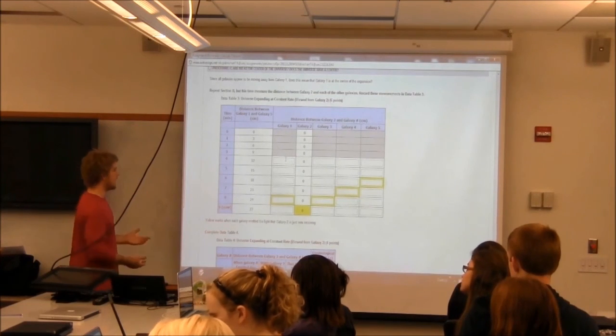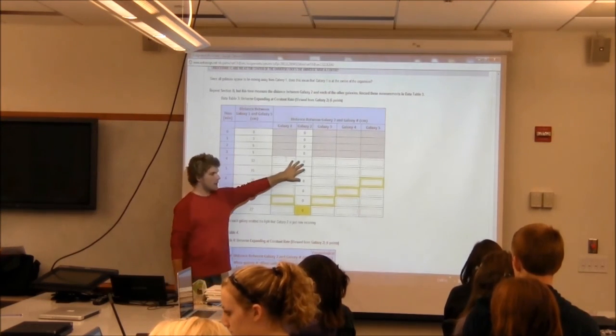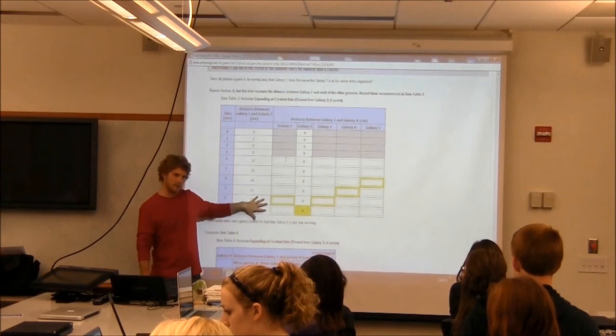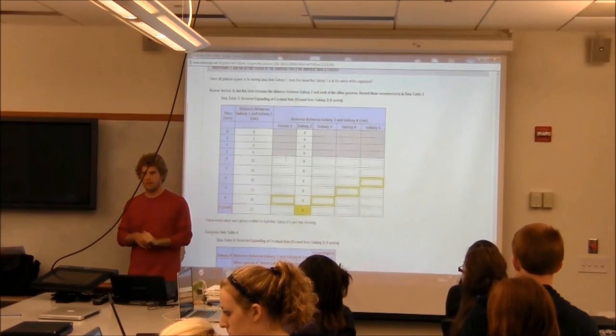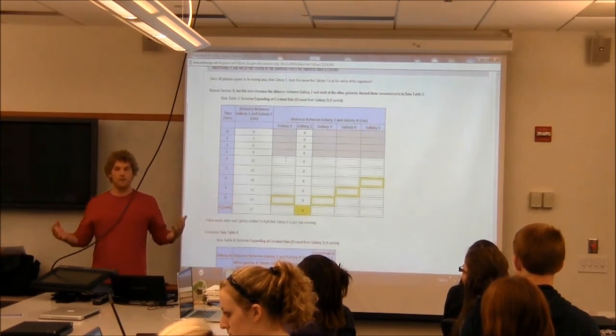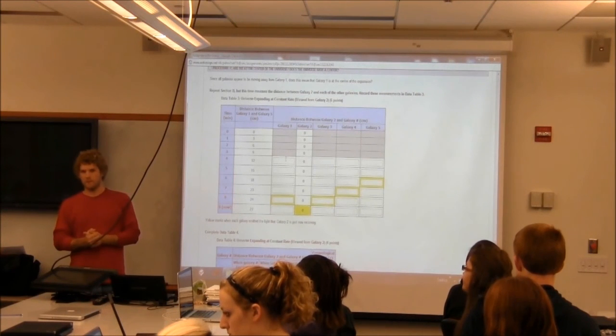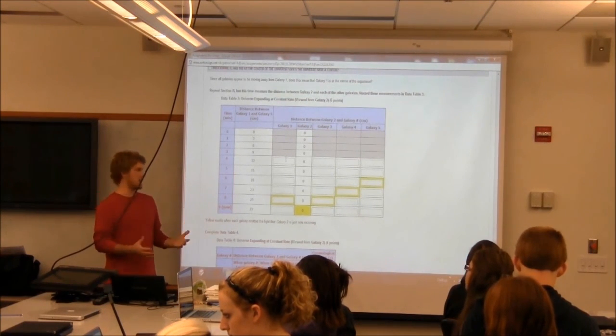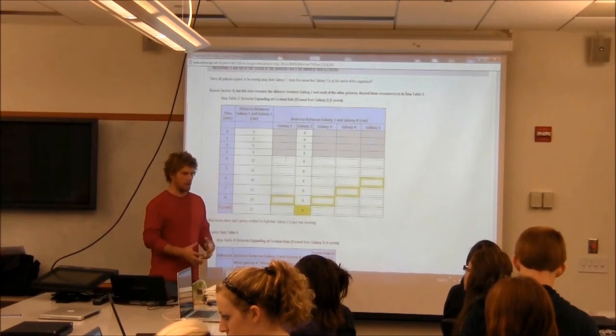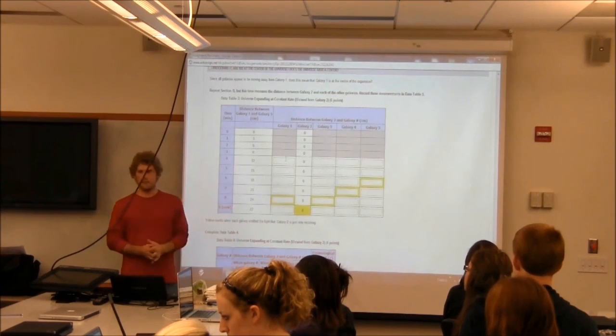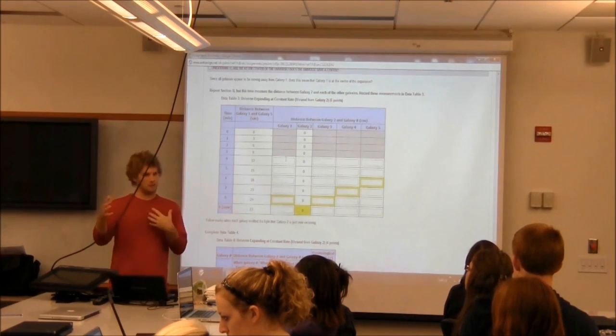But if you then go to Galaxy 2, you make the same measurements, and you find the exact same thing, then Galaxy 2 could say that they're the center of the universe, right? So the end result of that is that there is really no center. Everything's expanding away from everything else. And that's the idea that you're supposed to get to.